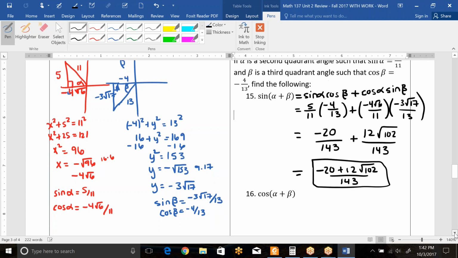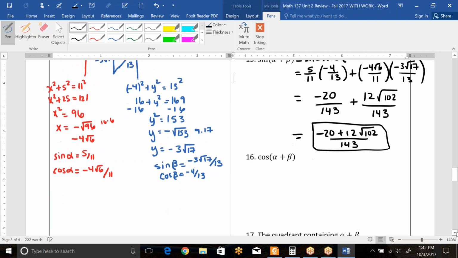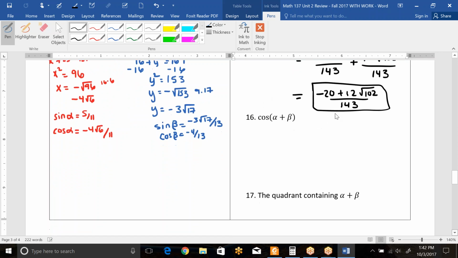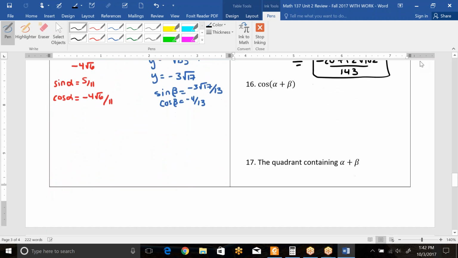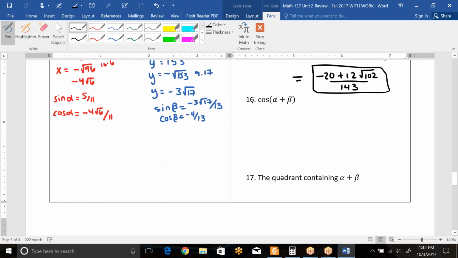We're going to do the same exact angles, and now we're doing cosine of alpha plus beta. The reason for this is we're trying to figure out what quadrant this new addition of alpha and beta is going to actually be located in. So if we do cosine of alpha plus beta, remember we're antisocial and disagreeable, so cosine alpha, cosine beta, minus sine alpha, sine beta.